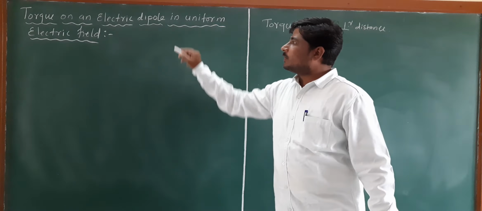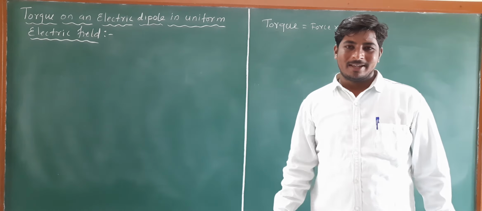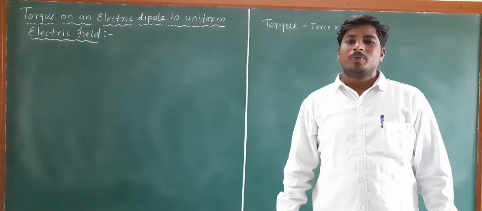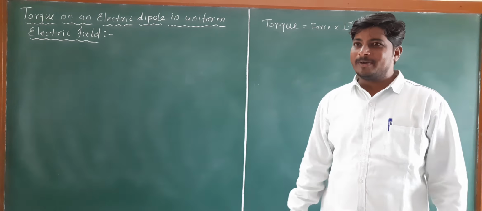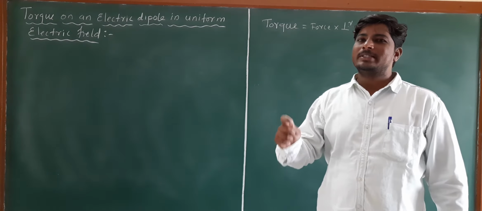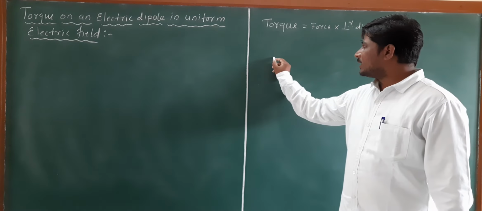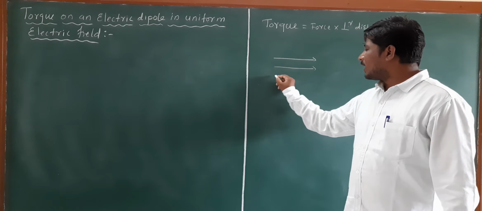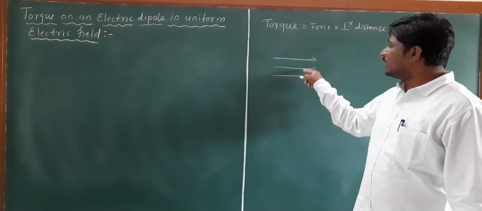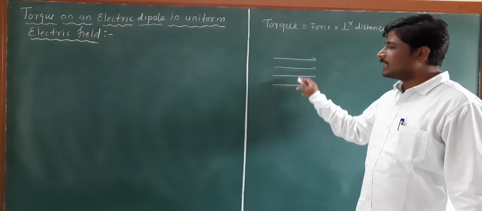And here we have one more term, that is the uniform electric field. What do you mean by uniform electric field? It is the field where the electric field at every point is the same. And how is it denoted? Say that these are the field lines, and the space between these electric field lines is the same.